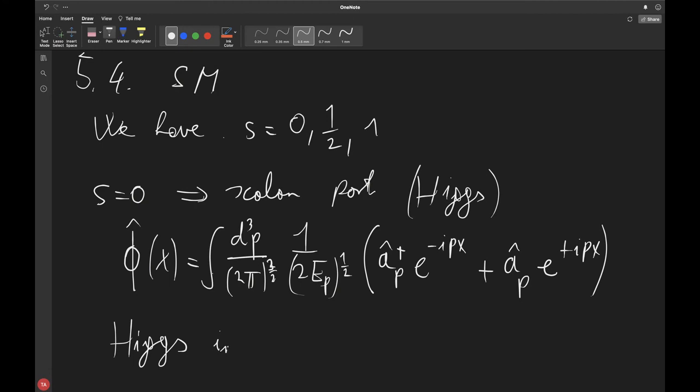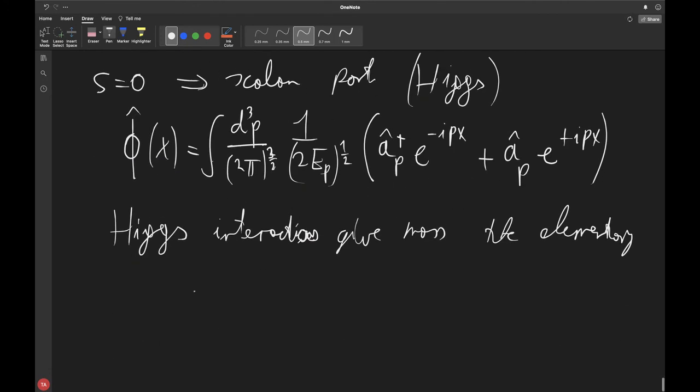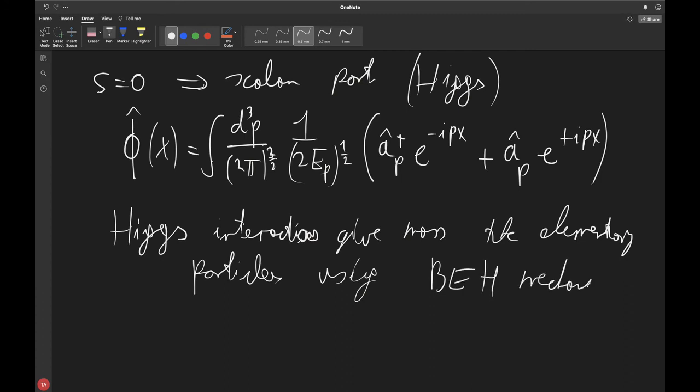So the Higgs interactions give mass to elementary particles using the BEH mechanism, after Brout, Englert and Higgs.